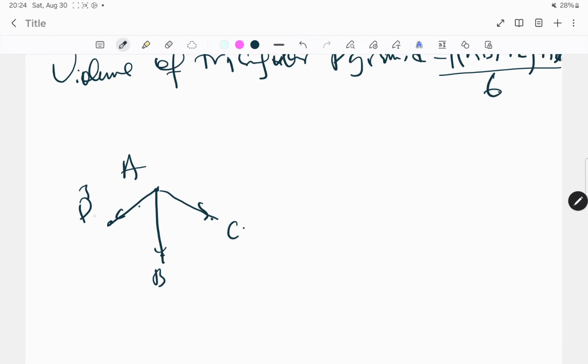That means AB and AC are going to form a plane, because we have the cross product of AB and AC.